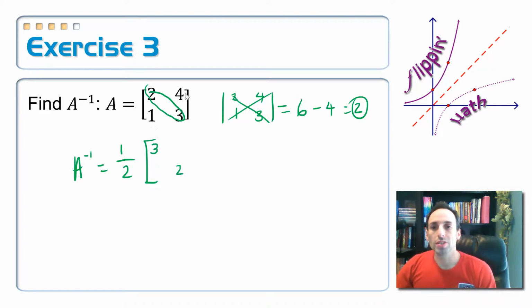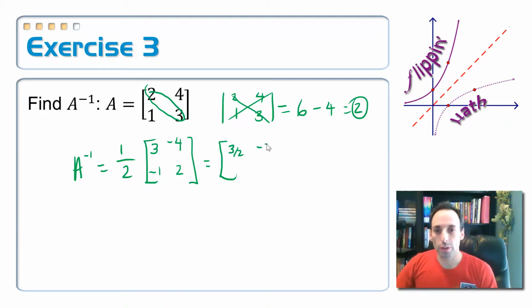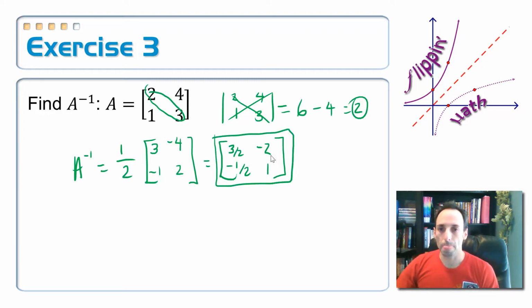And I have to switch the signs on the 4 and the 1. So negative 4, negative 1. Now let's just divide everything in the matrix by 2. So 3 halves, a half of negative 4 is negative 2, negative 1 half, and then half of 2 is a 1. So here is the inverse of that original matrix. If I were to multiply A times this matrix, I would get the identity matrix back.